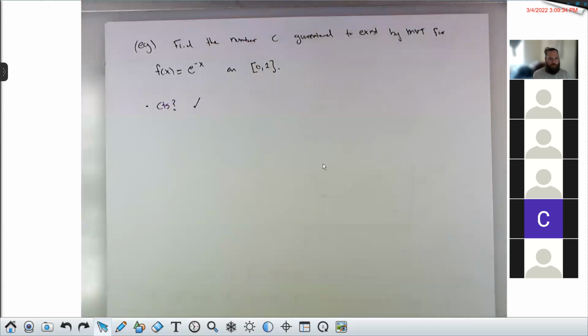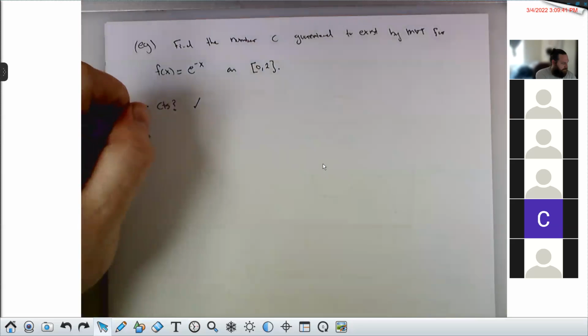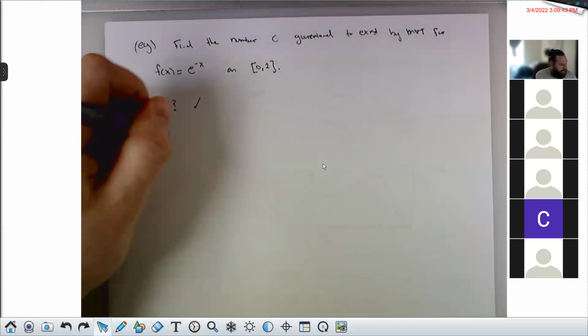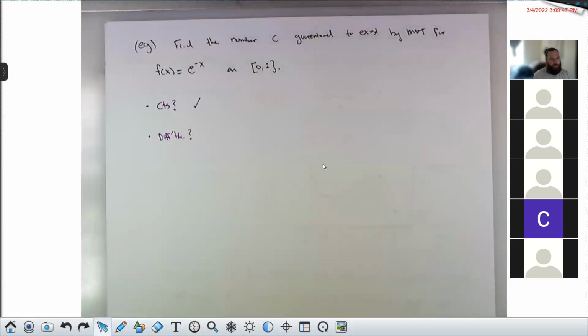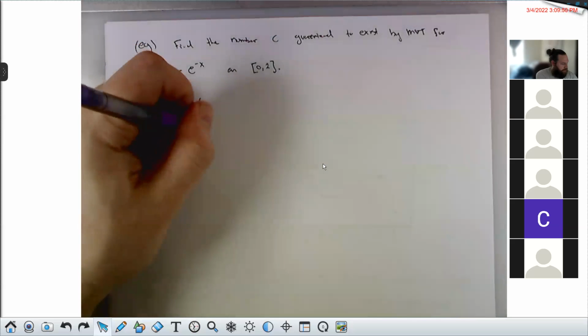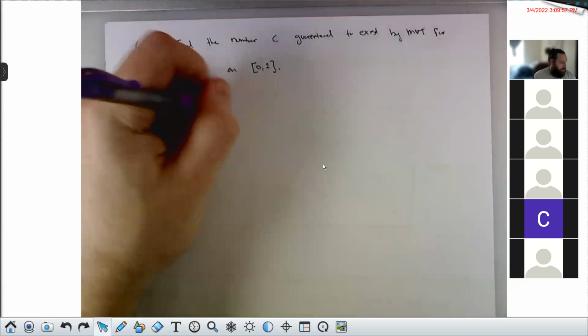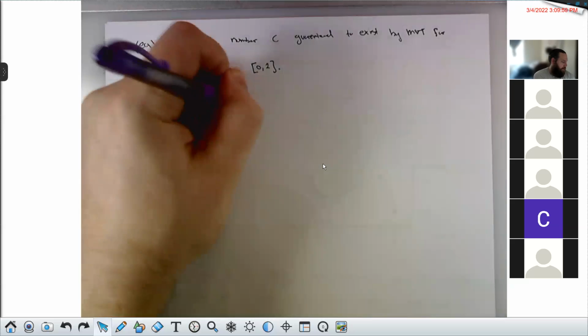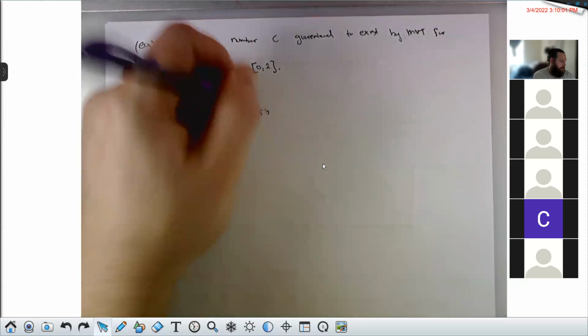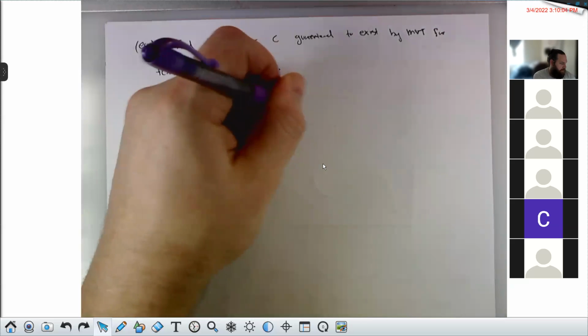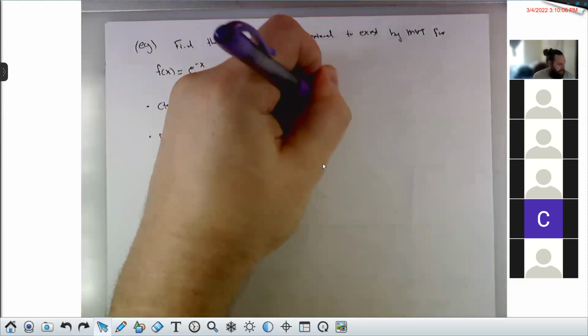Yeah, this is one of the things that we talked about way back in section 2.5. And similarly, exponentials are differentiable. There's not much to show here. It's just one of the theorems that we have. So we can apply MVT. MVT's hypotheses are satisfied.